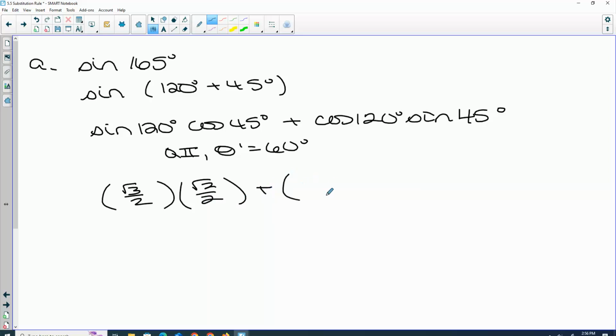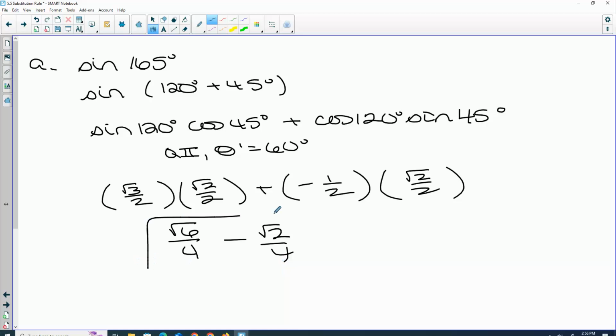In quadrant 2, is cosine positive or negative? Cosine of 60? 1 half. And sine of 45? It's radical 2 over 2. So we get radical 6 over 4 minus radical 2 over 4. Is that good?